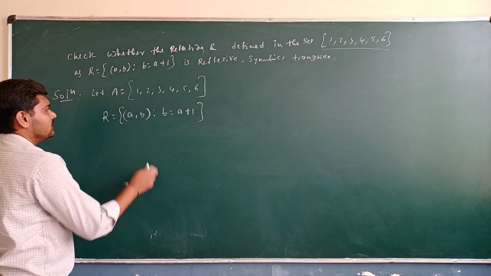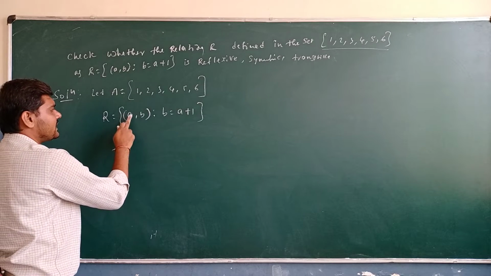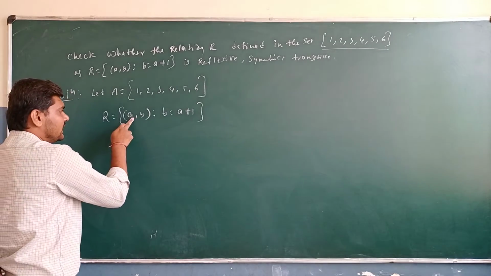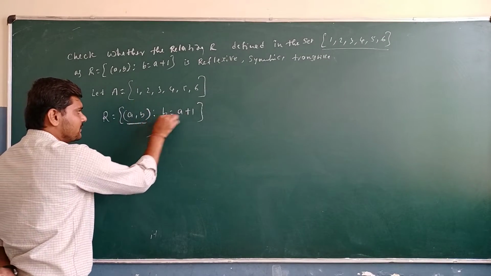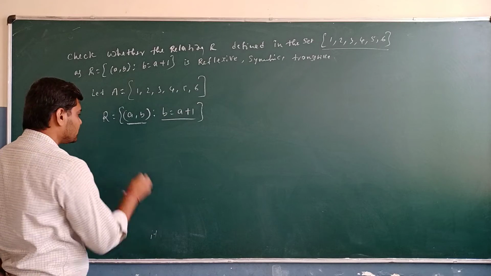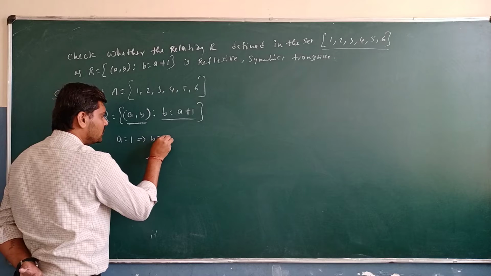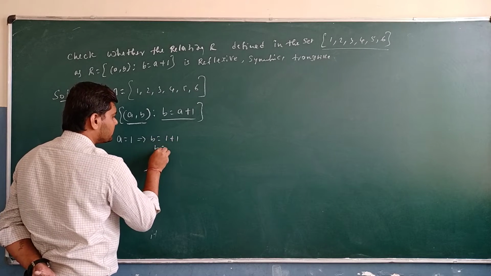So try to understand here. In a relation R, (a, b) is an element. They have given a relation to build an ordered pair in such a manner that b is equal to a plus 1. Suppose I give a is equal to 1, then b is equal to 1 plus 1, that is b is equal to 2.